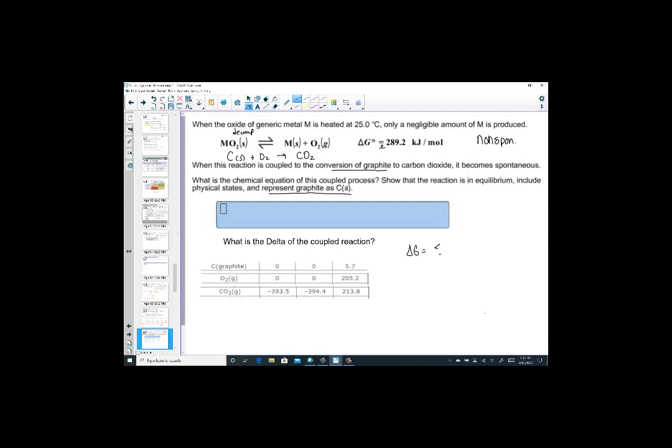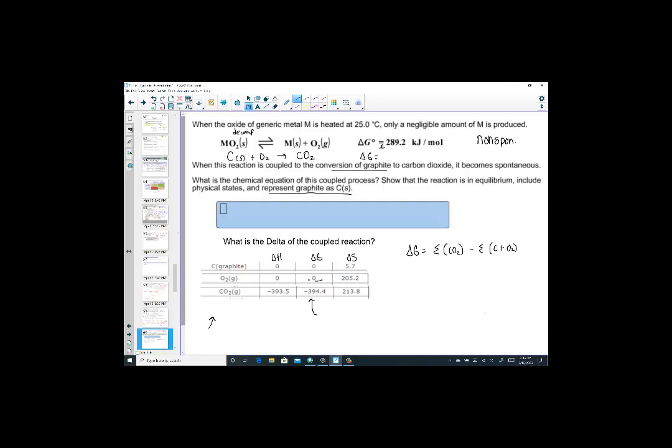Well, the sum of the products, which would be carbon dioxide, minus the sum of the reactants, which would be solid carbon plus molecular oxygen, will get us the delta G for that particular process. So let's do that quickly here. And again, I went to the appendix and grabbed these out for us. Delta G's are in the middle column, right? Here's delta H, here's delta G, here's delta S. So notice any element in its natural state is assigned a 0.